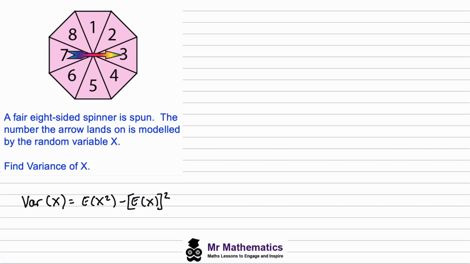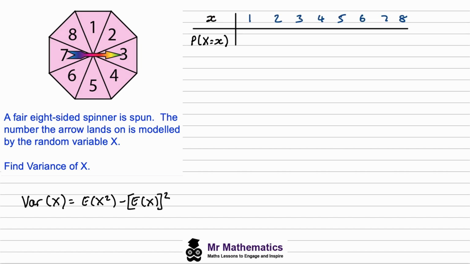So the first thing we need to do is create the probability distribution table so we can work out the expected value. So we want our observed value and the probability of our random variable being equal to that observed value. And we know that x are all the numbers from 1 to 8.